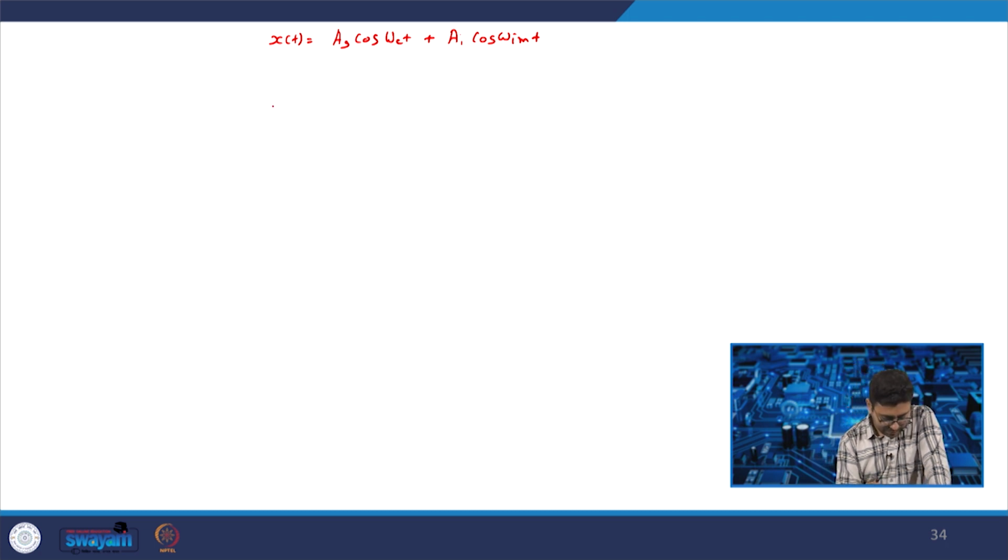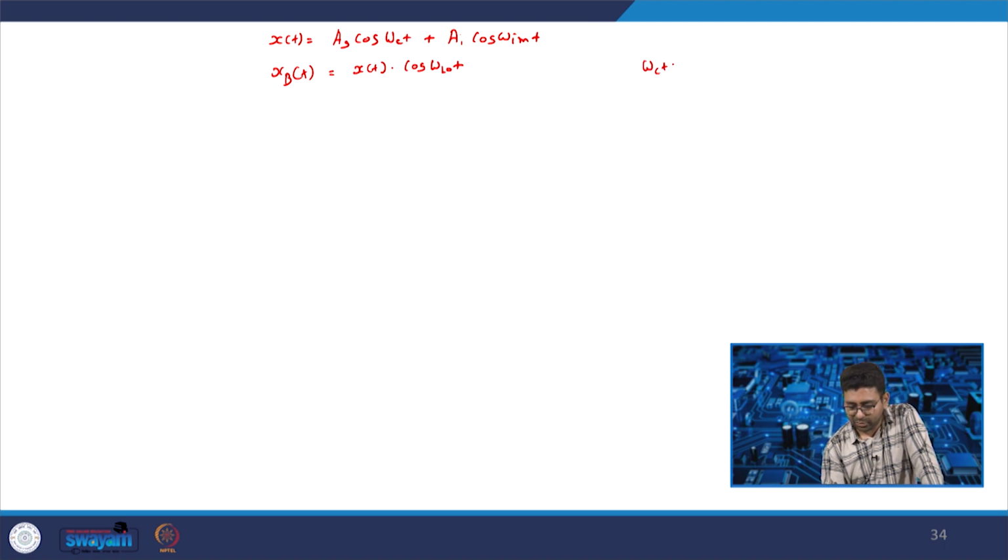Now, if you write xb(t), where you do the multiplication with cos omega LO t, so this xb(t), we are multiplying x(t) with cos omega LO t, and when you multiply this, the term omega c plus omega LO will also come, but we are filtering out this positive component.